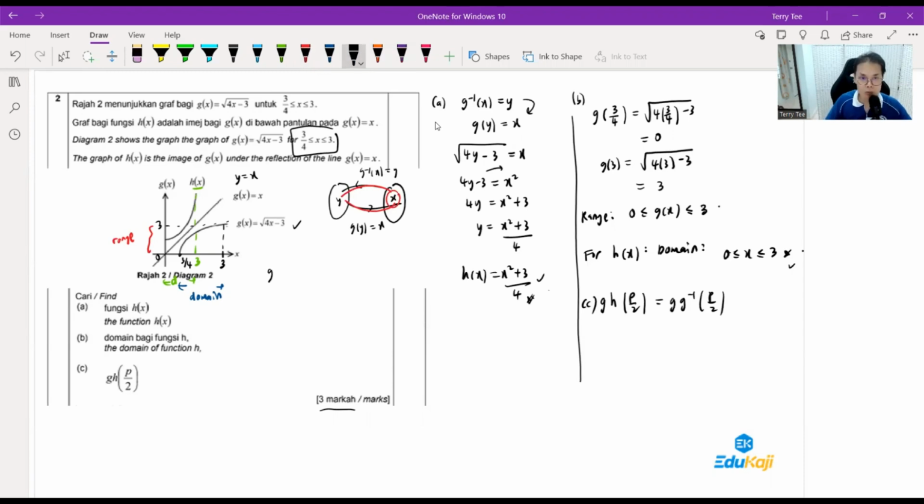So generally, whether you do G inverse of G(x) or G of G inverse of X, it will always map onto the original value. Yeah, so you always get back X. So likewise, this answer is just P over 2, because G inverse means you go backwards, G(x) means you go forward, so you end up where you started, which is P over 2.